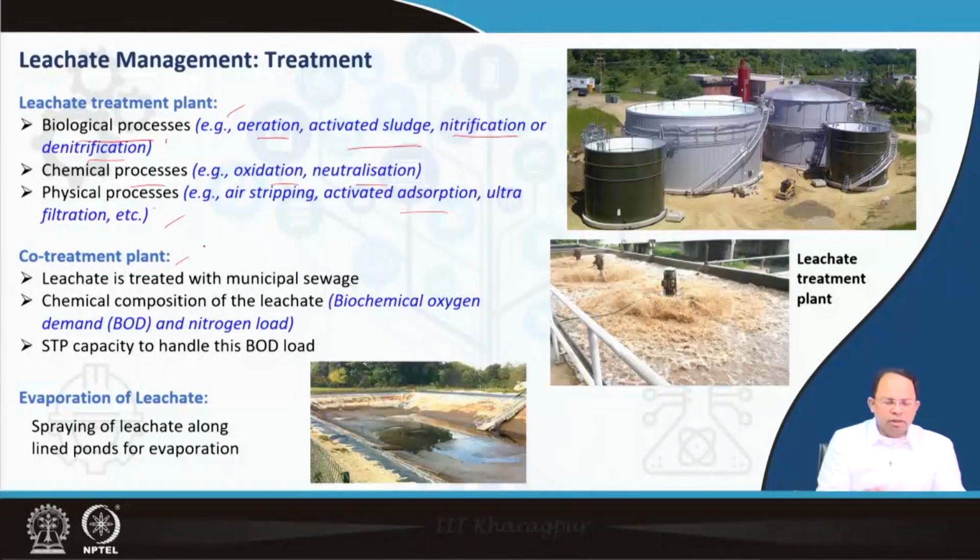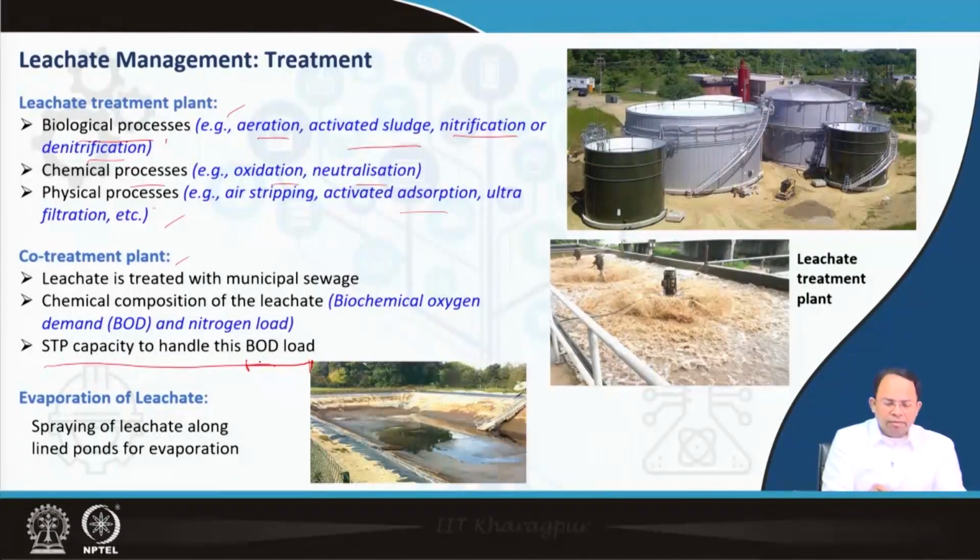Then co-treatment can also happen. That means instead of having an individual leachate treatment plant, we can use the existing sewage treatment plant to treat this kind of leachate. But the idea is the STP should have the capacity to handle this extra leachate, right? And this capacity is in the form of the BOD, or biochemical oxygen demand, load, right?